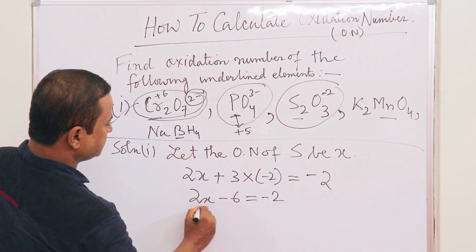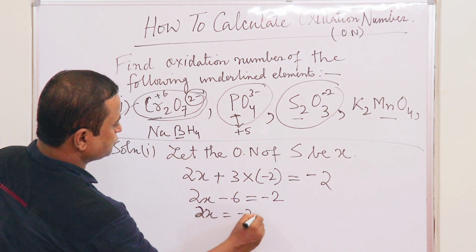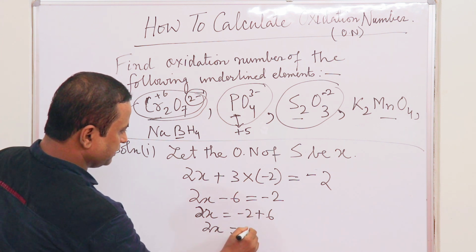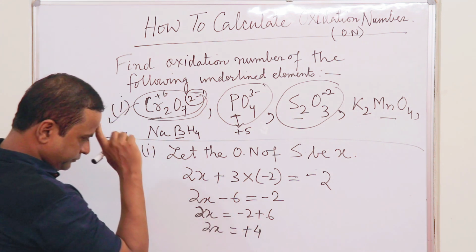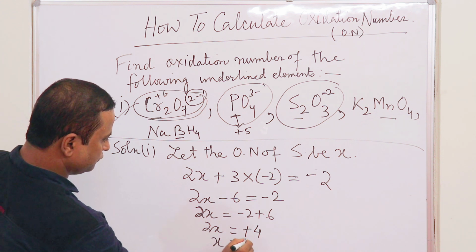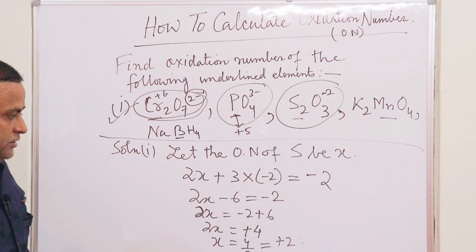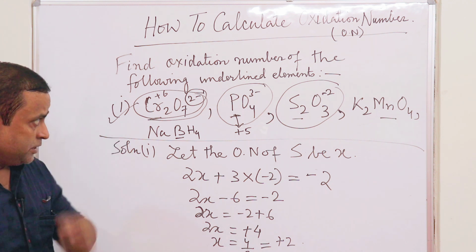So 2x - 6 = -2, so 2x = -2 + 6, so 2x = +4, and x = 4/2, that is +2. So here the oxidation number of sulfur comes out to be +2.